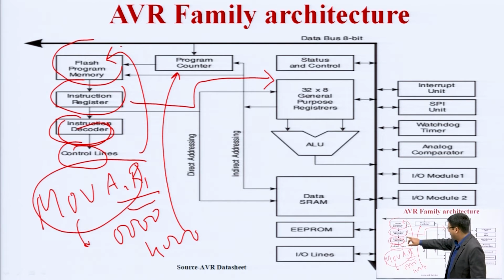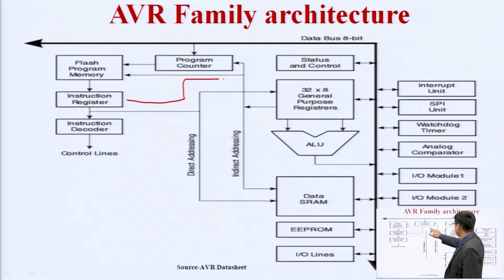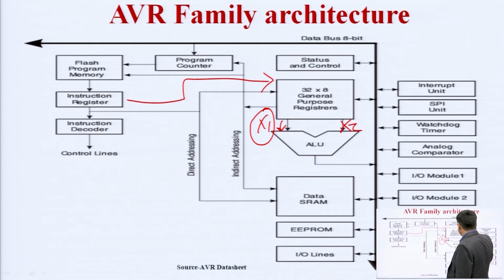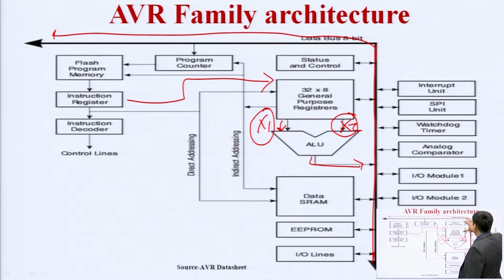So after the execution of the instructions, the data will go into the 32x8 general purpose register. Let us take x1 and x2 here. When we are performing some arithmetic logical operation on x1, x2, the result will be further provided to this line, and from this line the result will flow into the 8-bit data bus.